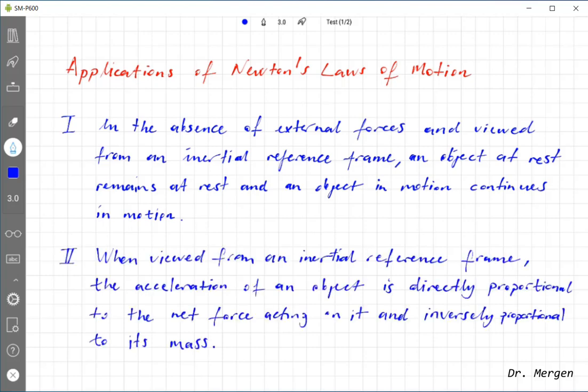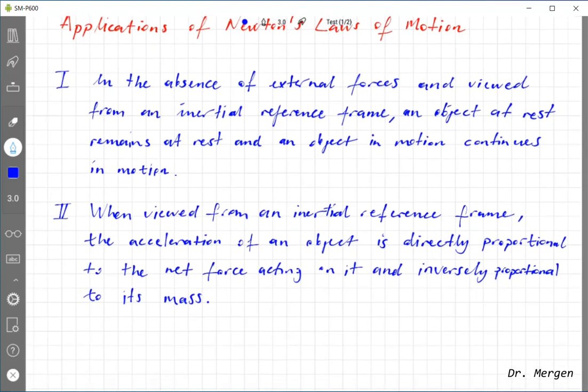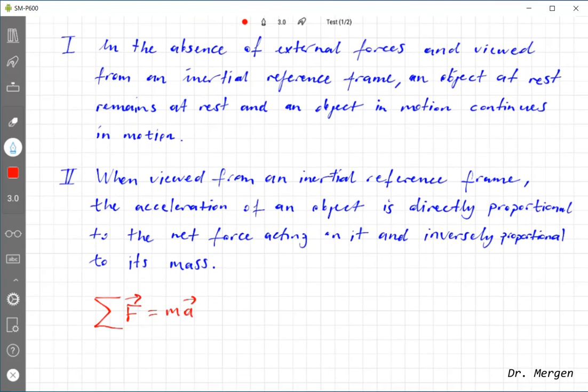And the second one tells us, when viewed from an inertial reference frame, the acceleration of an object is directly proportional to the net force acting on it and inversely proportional to its mass. And this is how we explain the second law mathematically.